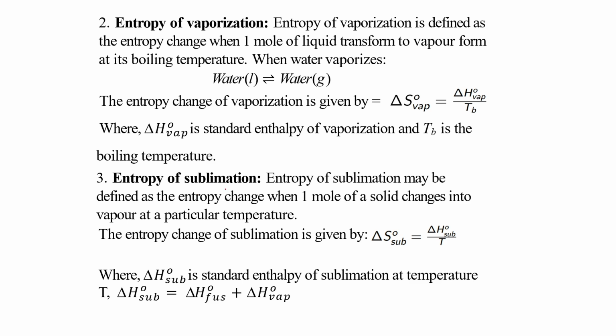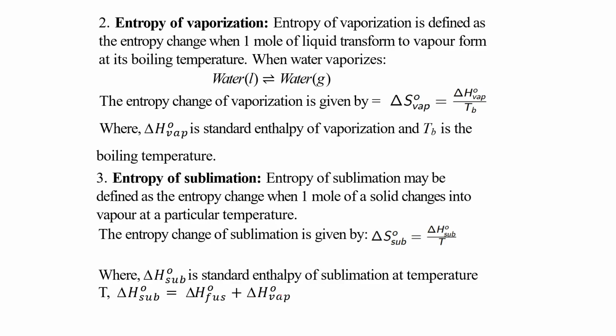Now, entropy of sublimation may be defined as the entropy change when 1 mole of solid changes into vapor at a particular temperature. The entropy change of sublimation is given by this expression, where delta H naught sublimation is the standard enthalpy of sublimation at temperature T, and delta H naught sublimation is delta H naught fusion plus delta H naught vaporization.